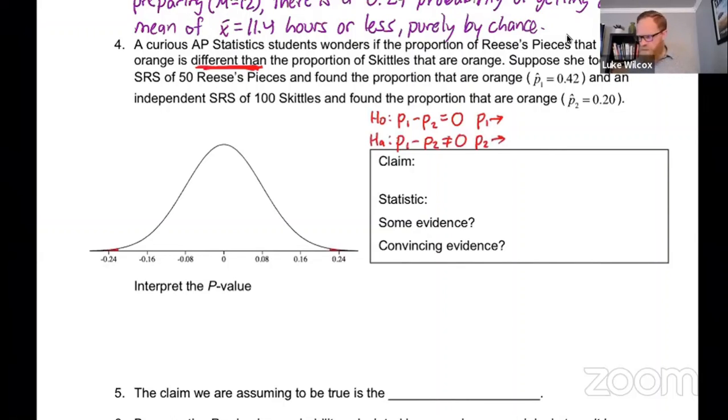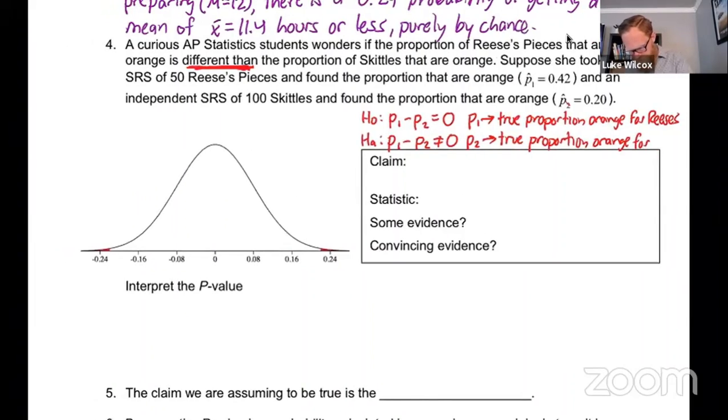So I'm going to identify P1 as being the true proportion that are orange for Reese's. And P2 is going to be the true proportion that are orange for Skittles.